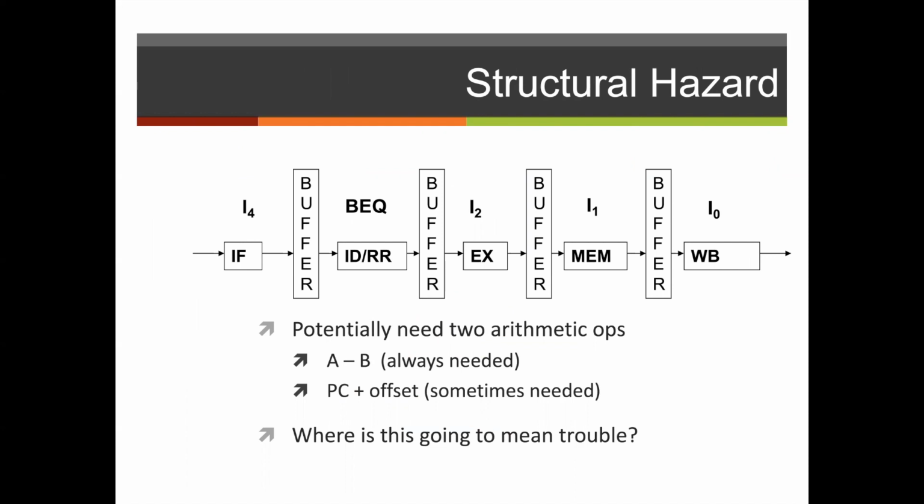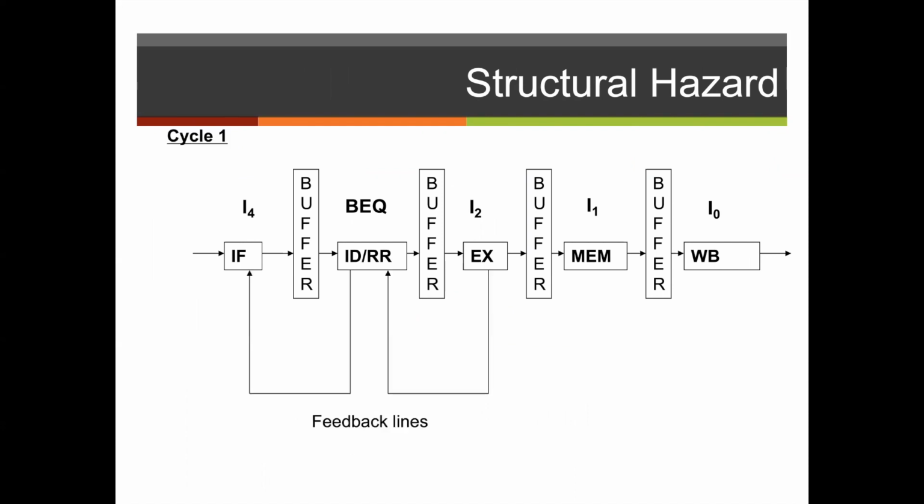So where is this going to mean trouble for us? When we consider the process that needs to take place, we'll need to consider when we need to let each previous stage know that we need a pause. This can be done using feedback lines.